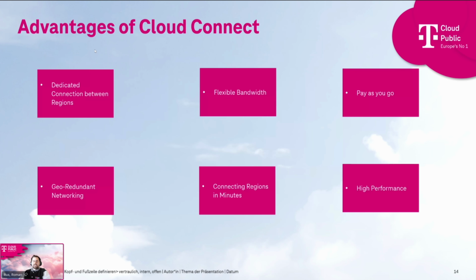So what are the advantages of Cloud Connect? It's a dedicated connection. Before, if you wanted to connect both regions, you had to order a direct connect yourself or use the enterprise VPN to create a connection between your VPCs. Cloud Connect offers flexible bandwidth.